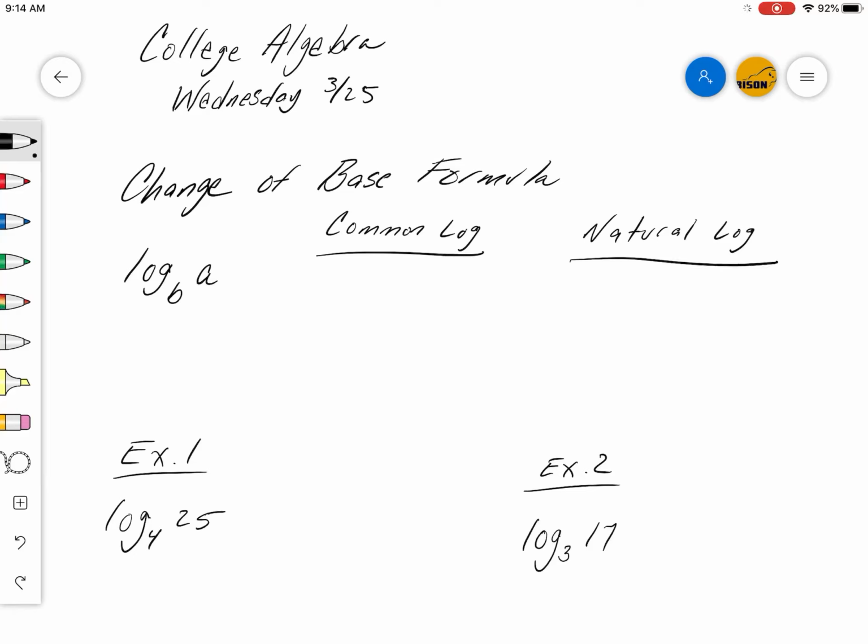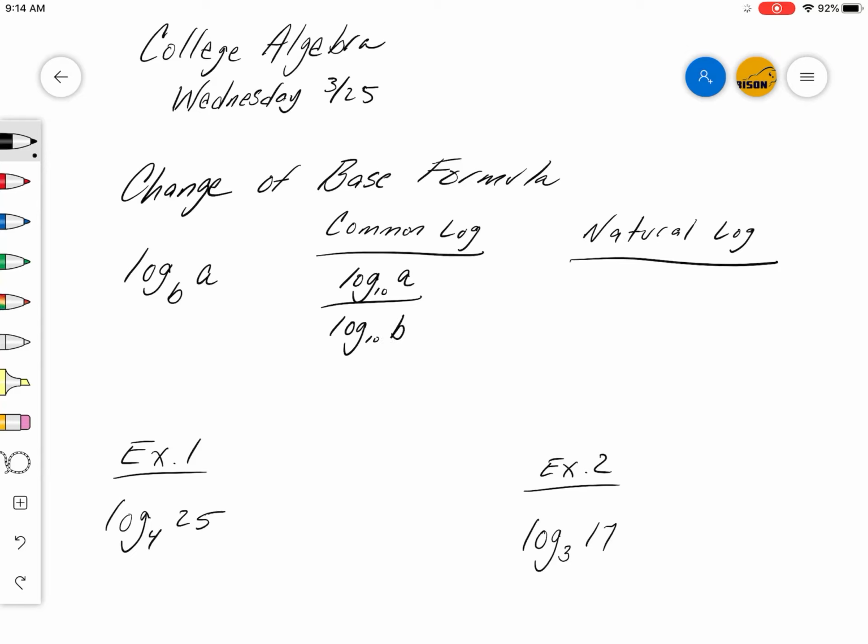To change the base, we have to make it in some way that we can type it in. Again, our only options are 10 or e. That's why we're doing the common log and the natural log. I'm going to end up making a fraction: log of a over log of b.